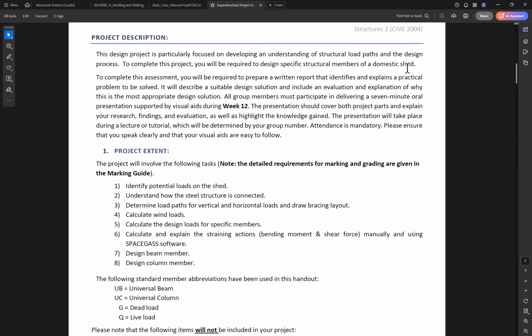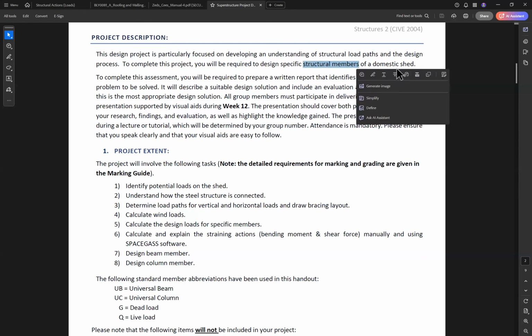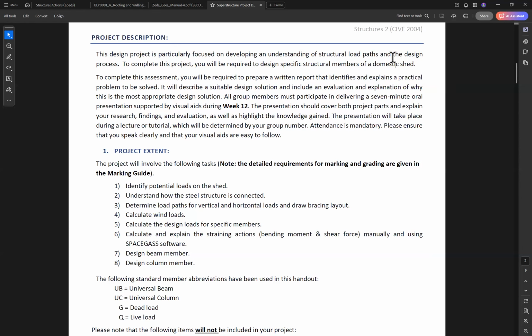So our focus is the load path, how the load transfers through the members until reaching the soil, and some specific design procedure for members like beams and columns. So our report will focus on the design of beam and columns. No design of footing in this assignment, or design of bracing or purlins.